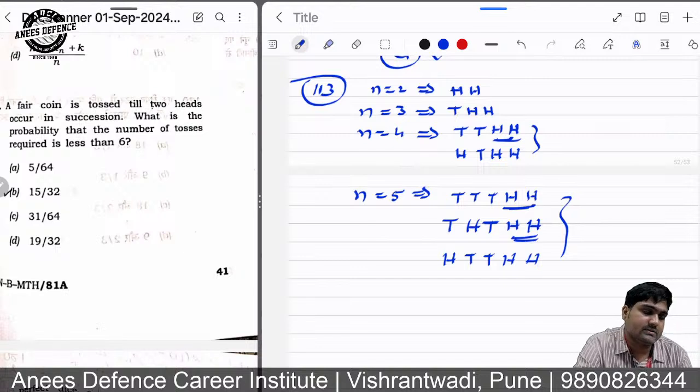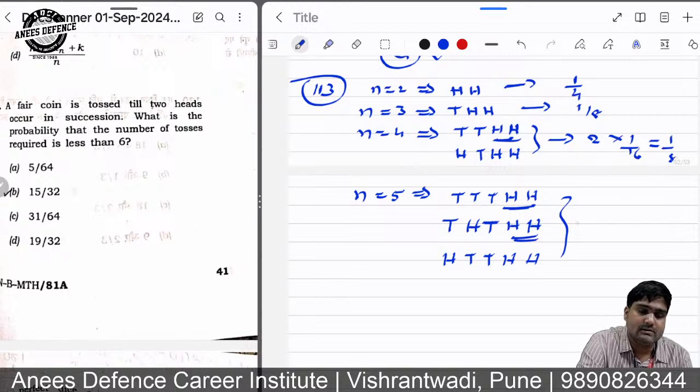Okay, now calculate the values. The probability of getting 2 heads is 1 by 2 into 1 by 2, which is 1 by 4. Tail, head, head is 1 by 2 into 1 by 2 into 1 by 2, which is 1 by 8. 2 times 1 by 16 equals 1 by 8, and for 5 tosses it is 3 times 1 by 32.